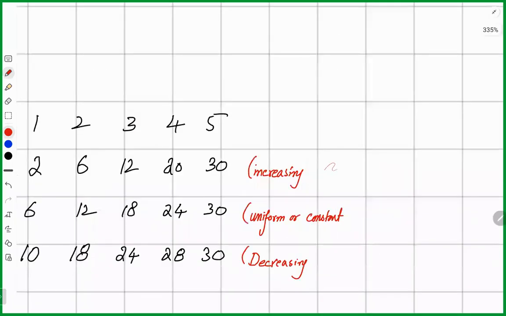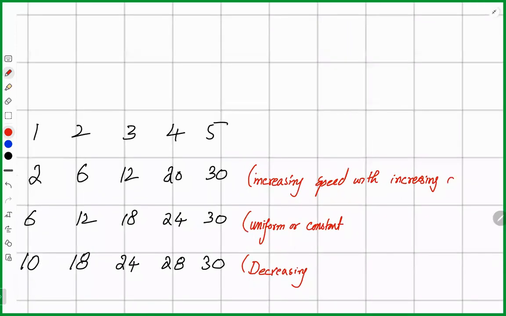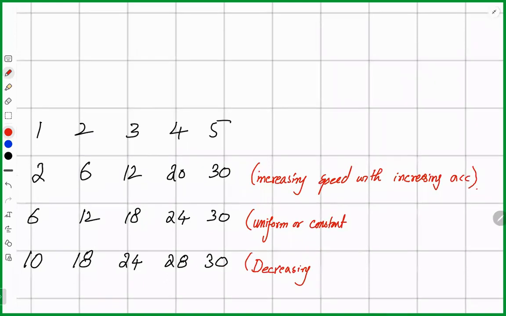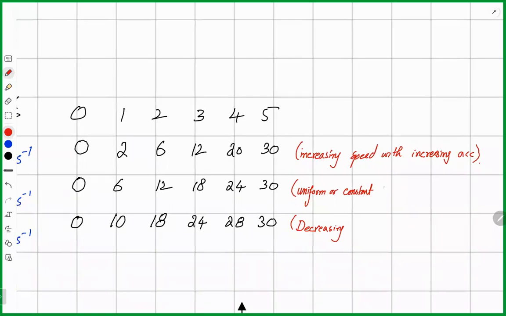Increasing speed with increasing acceleration. So speed is increasing, but it is increasing with increasing rate. Look at the second one. Speed is increasing. It becomes 0 to 6, and then 6 to 12, uniform or constant acceleration with increasing speed.